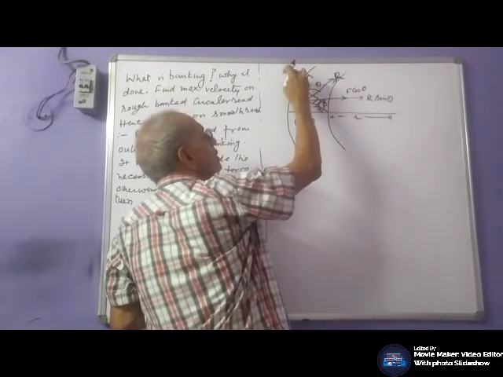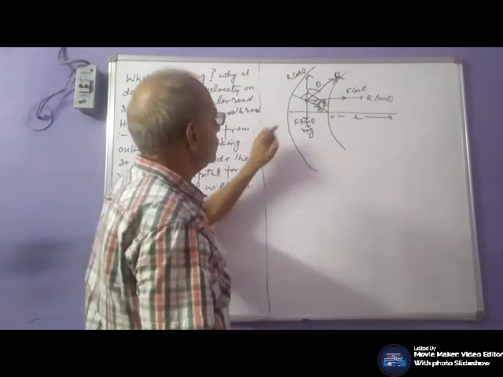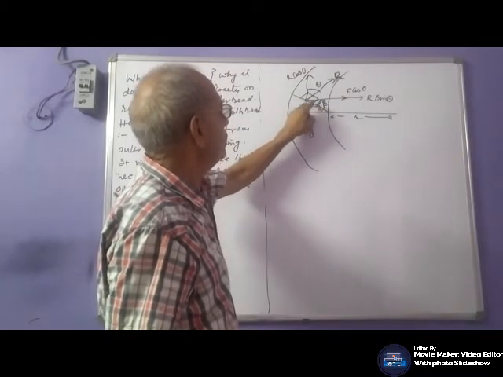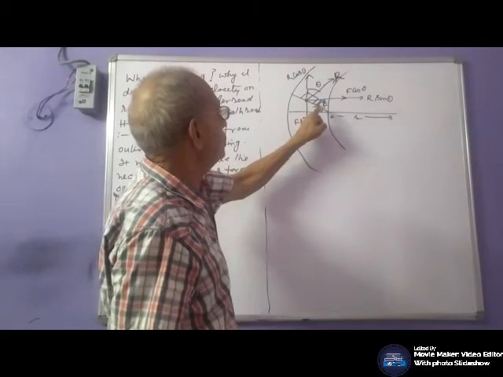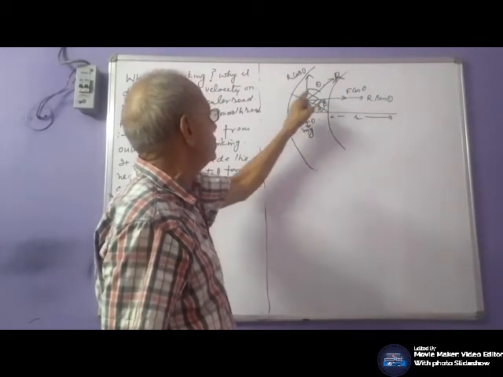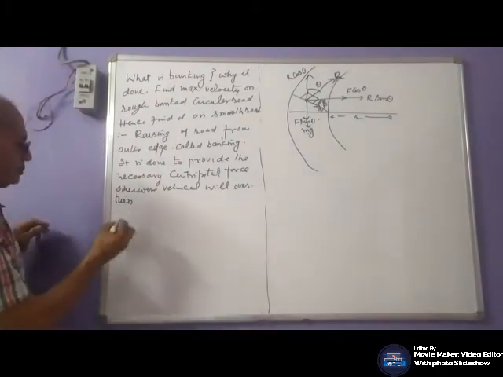Resolve R cos theta, R sin theta. This will be the force of friction, between the vehicle and its surfaces. So this will be F cos theta, and this will be F sin theta.